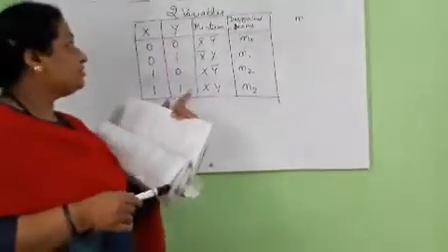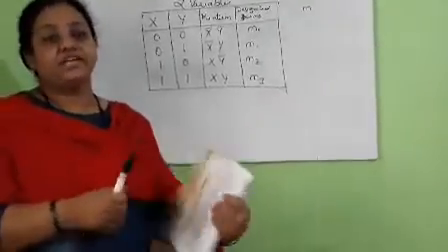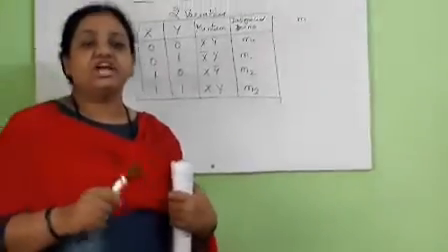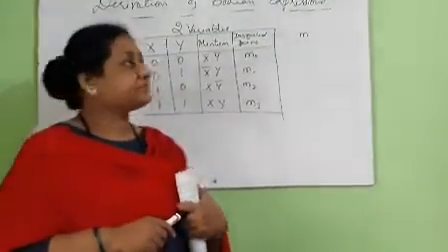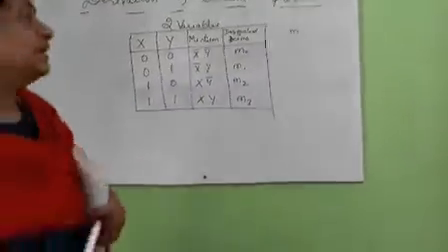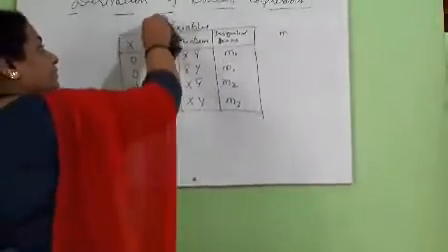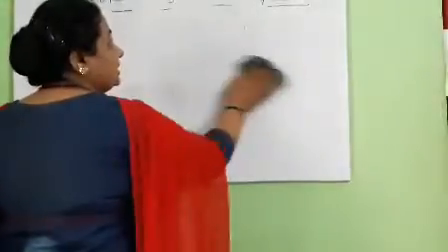Hope you have understood two variables. Now let's write the three variable minterm truth table along with the designated terms.